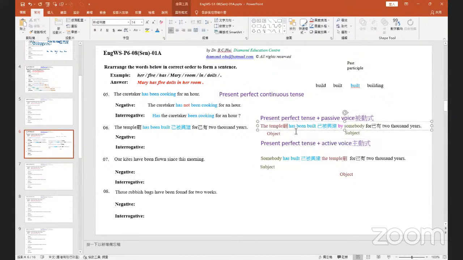Put has or have in front to form the present perfect tense.